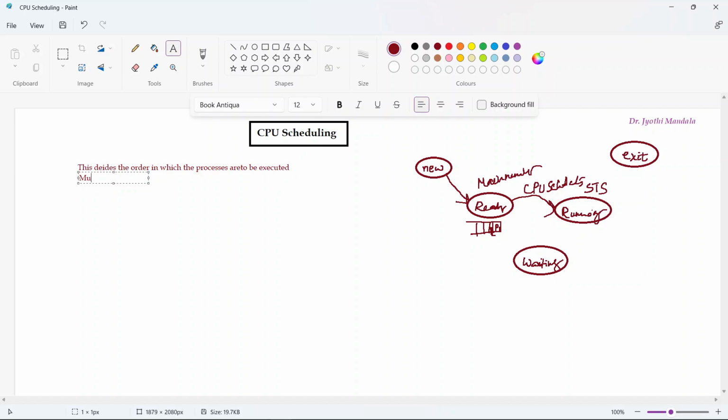Because in the multi-programming environment we want to utilize the CPU efficiently, as we don't want CPU idle time. As much as possible we want to reduce the CPU idle time. So, in the multi-programming environment, for effective CPU time utilization.